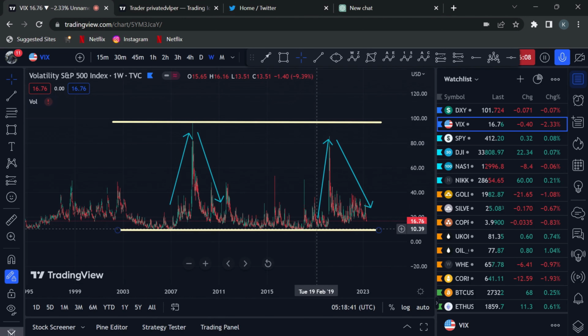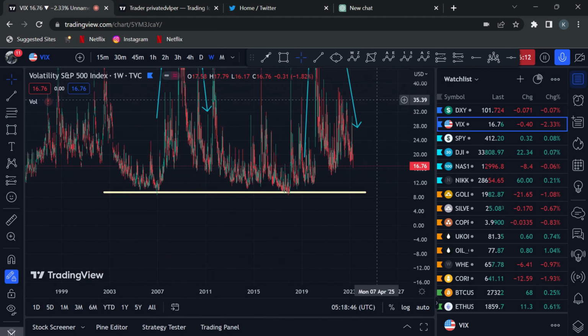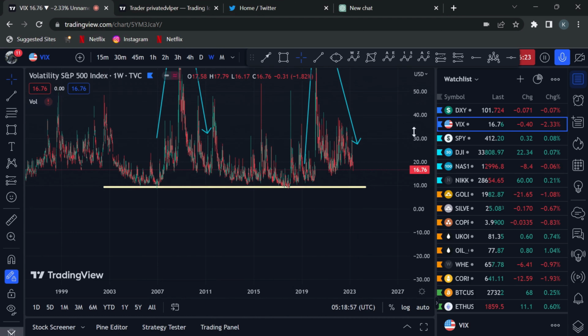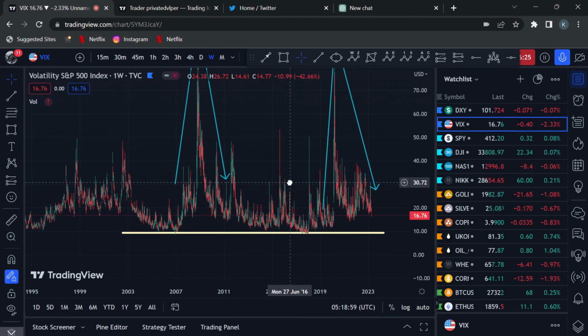Of course, this means that the stocks are being bought. The investors are taking on more risk. But the lower we go, if at all we will go below 10 or around 10, but even in the current range, it means that the stocks are being bought heavily. But the lower we go, the more likely that the trend will reverse.